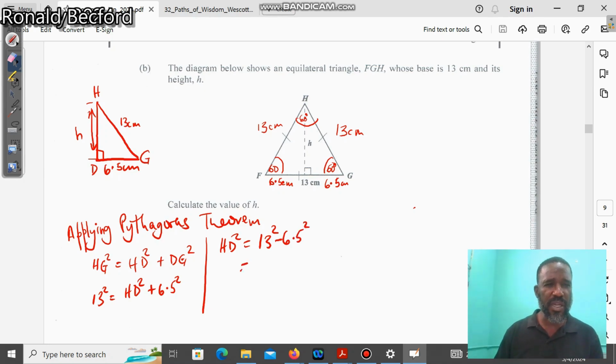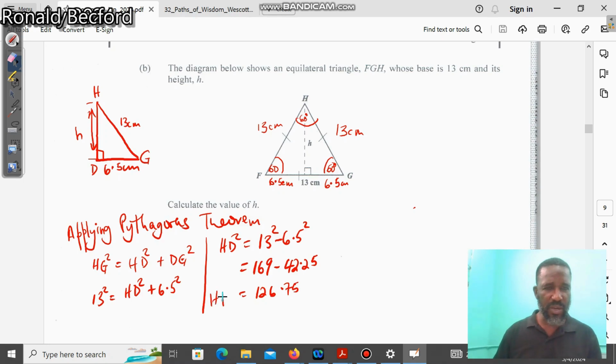So 13 squared is 169, minus 6.5 squared, which is 42.25. So 169 minus 42.25 is equal to 126.75.